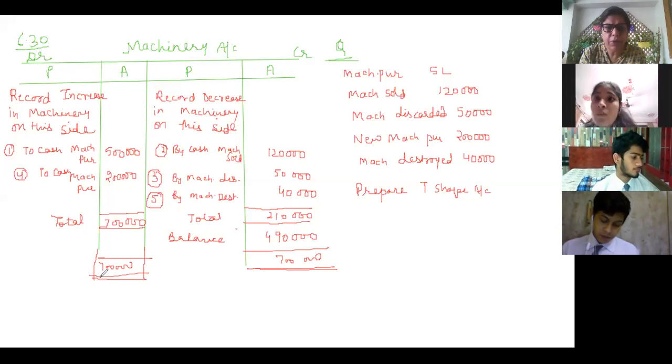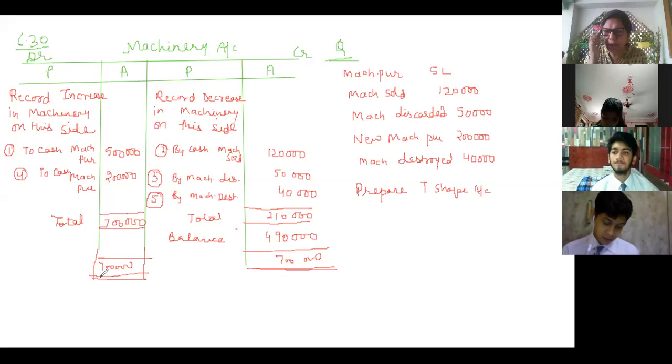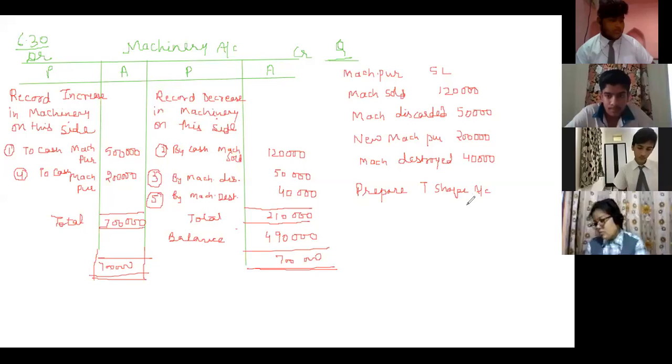See, while you make T-shape account for asset, that is a very clear ID concept. I means increase in debit side, D means decrease in credit side. You can see the screen. Note down.